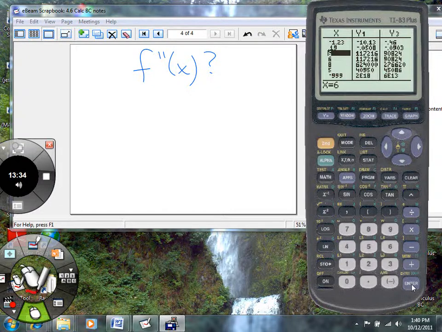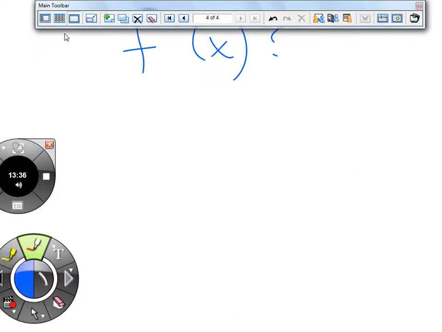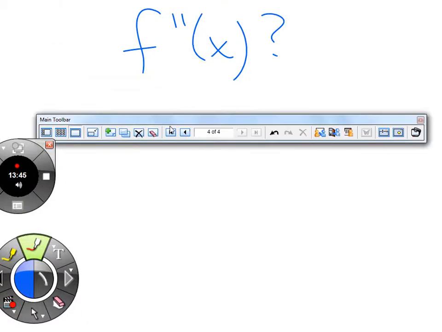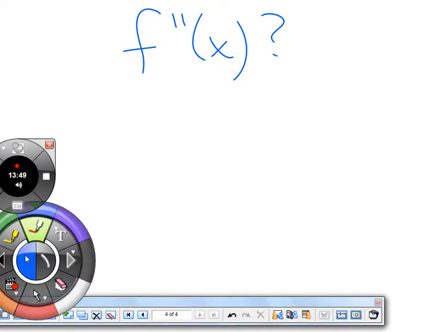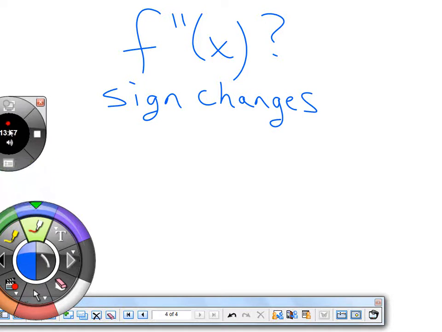All right, so I'm going to go ahead and write down what we figured out in the calculator. So we saw sign changes, okay? And we saw that it went from positive to negative.